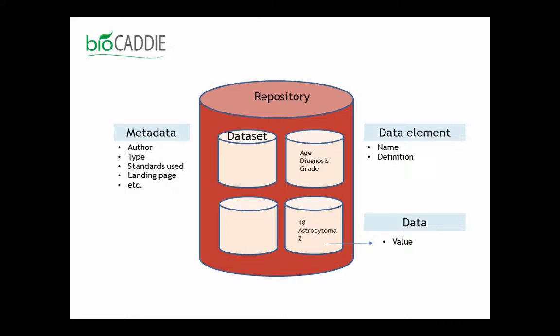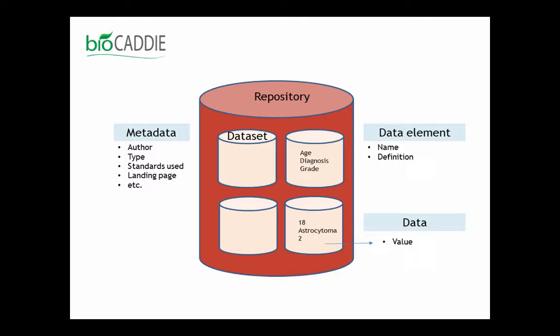So here's what I was referring to: currently we have metadata about the data sets in the repository. So who authored that data set, what type it is, standards used, landing pages, and so on. However, we are moving towards indexing some elements inside the data set, so the variables or the fields inside the data set.